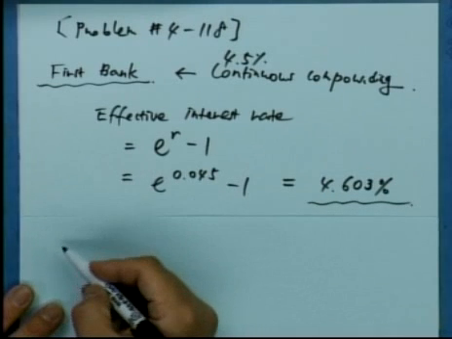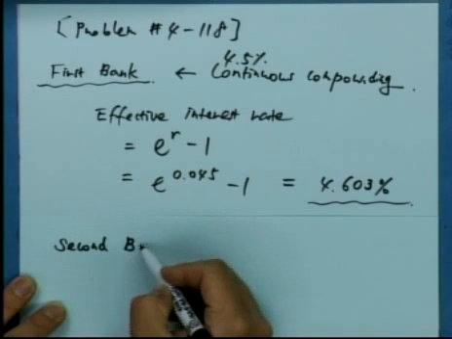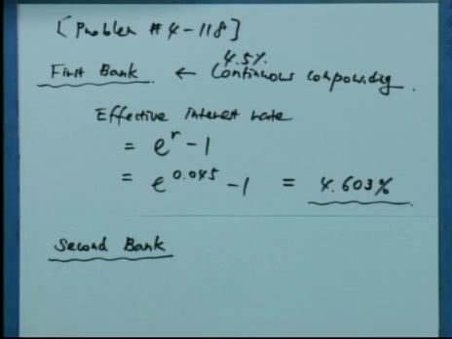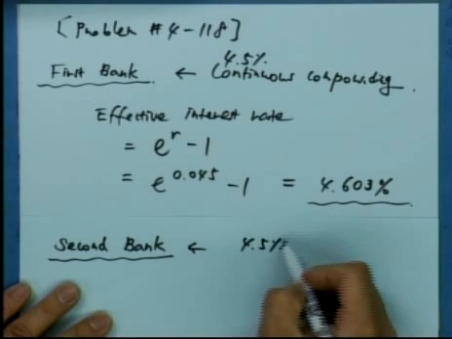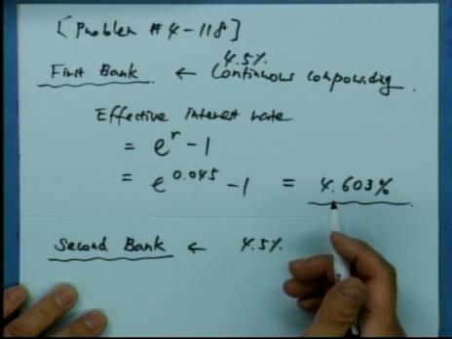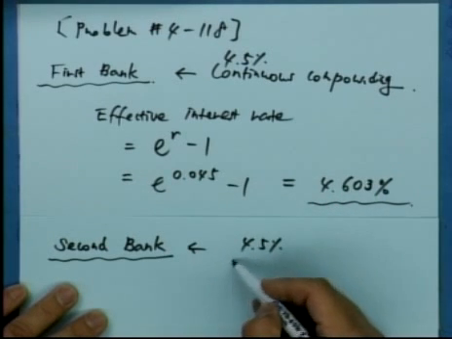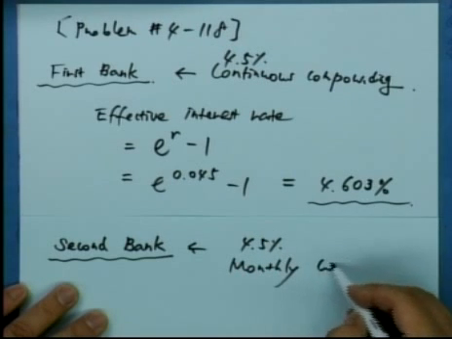What about the second bank? They are offering 4.6% interest rate, compounded monthly. So monthly compounding.